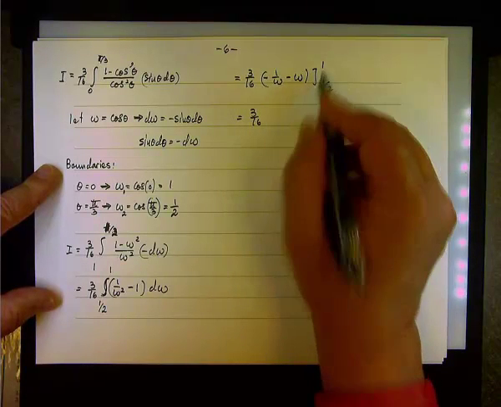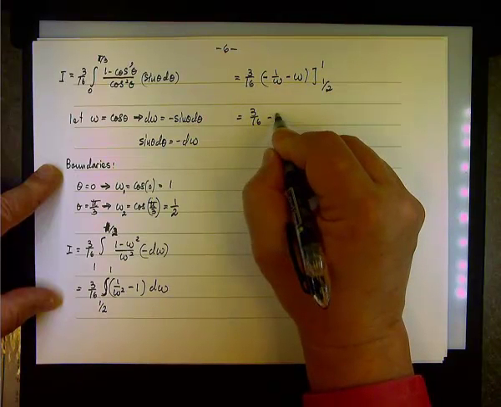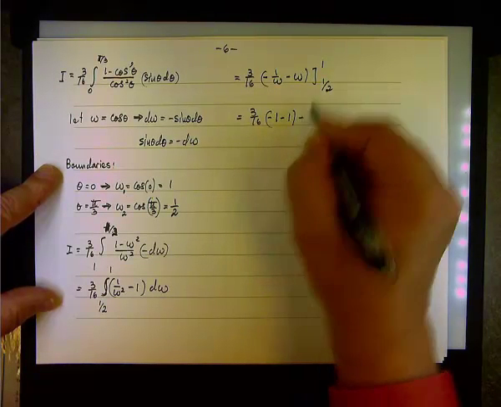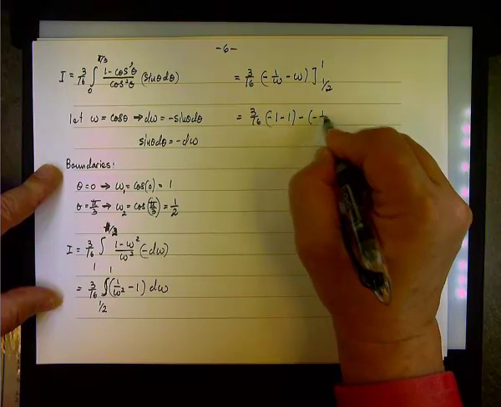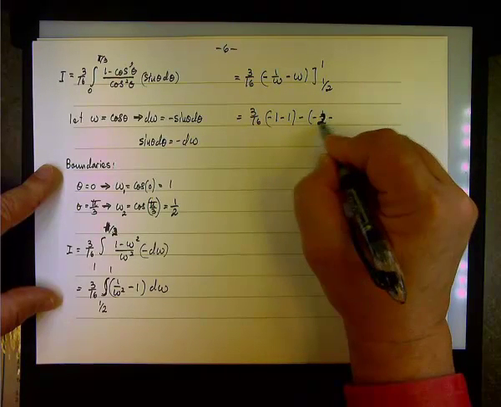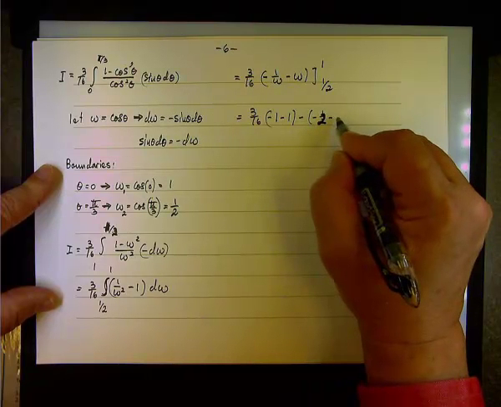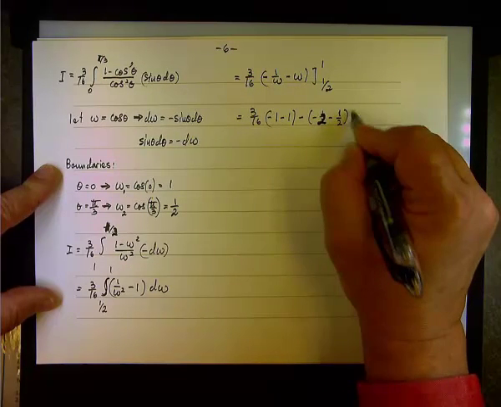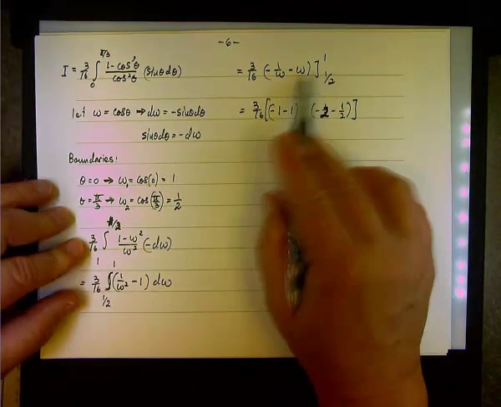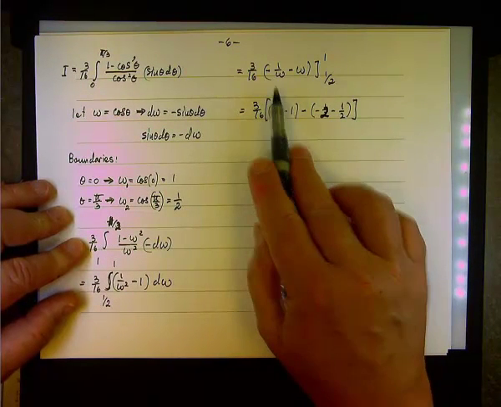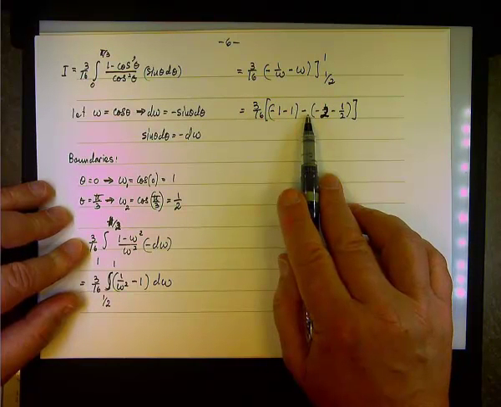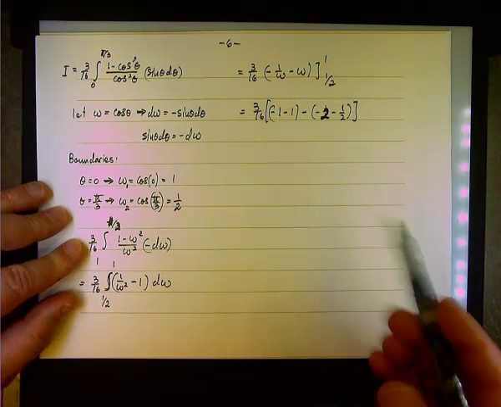Sorry. So let's evaluate. For 1, we end up having negative 1 minus 1. That's negative 2. For 1/2, we have negative 1 over 1/2, which is 2. Negative 2 minus 1/2, like so. Let's see if I got the arithmetic correctly. For 1, we have negative 2, and for 1/2, we have negative 2 minus 1/2.